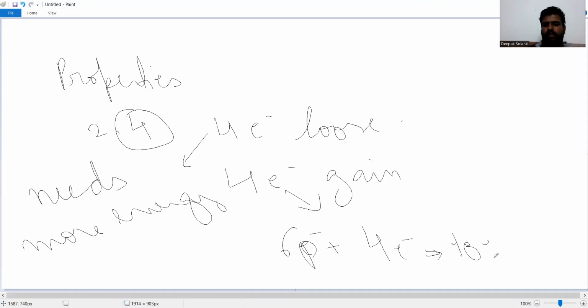So it makes the nucleus unstable. So it will neither lose nor gain.